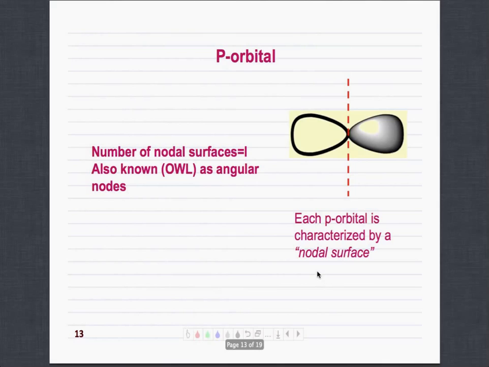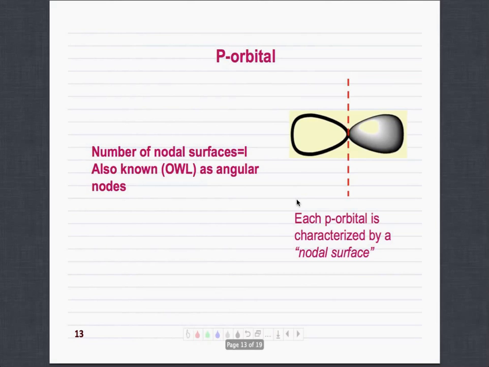Some others have what we call the nodal surface, which is also known, and you're going to be asked about it on OWL, as the angular node. The angular node is the same thing as the nodal surface. It's equal to the nodal plane. It has 3 names. All of these mean the same thing.